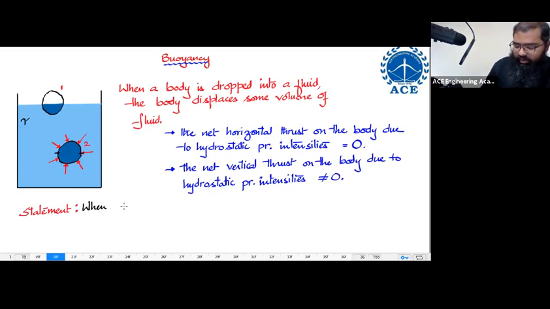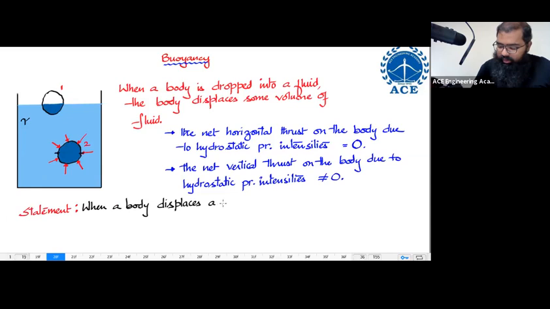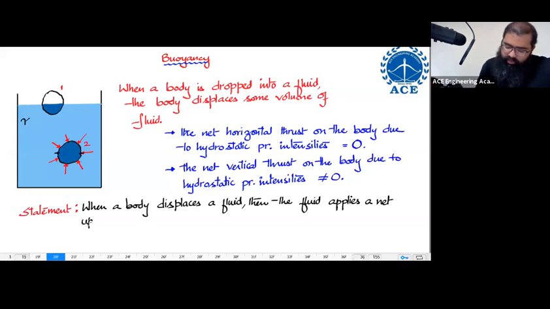When a body displaces a fluid, then the fluid applies a net upward thrust on the body.